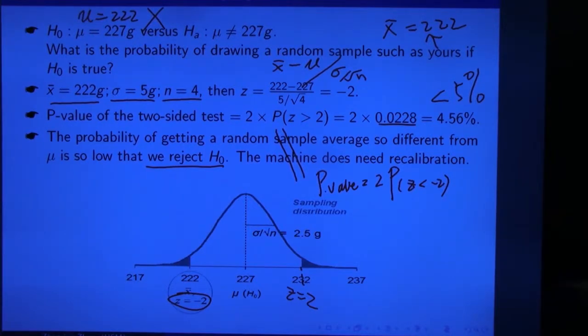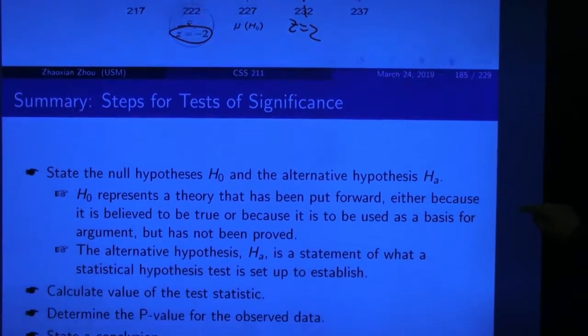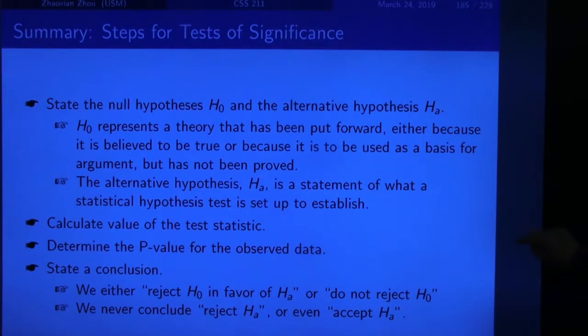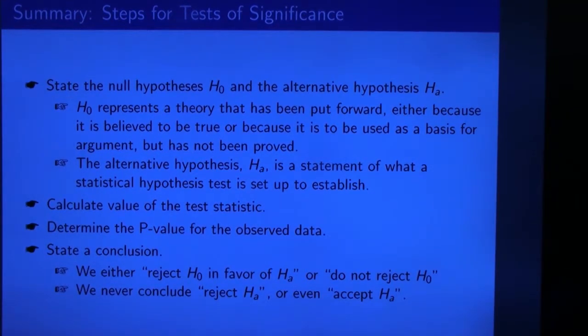Okay, we summarize the steps of how to do this testing of significance. Step 1, we need to state the null hypothesis H0. Keep in mind, this one is regarding the population, and it must be specific.